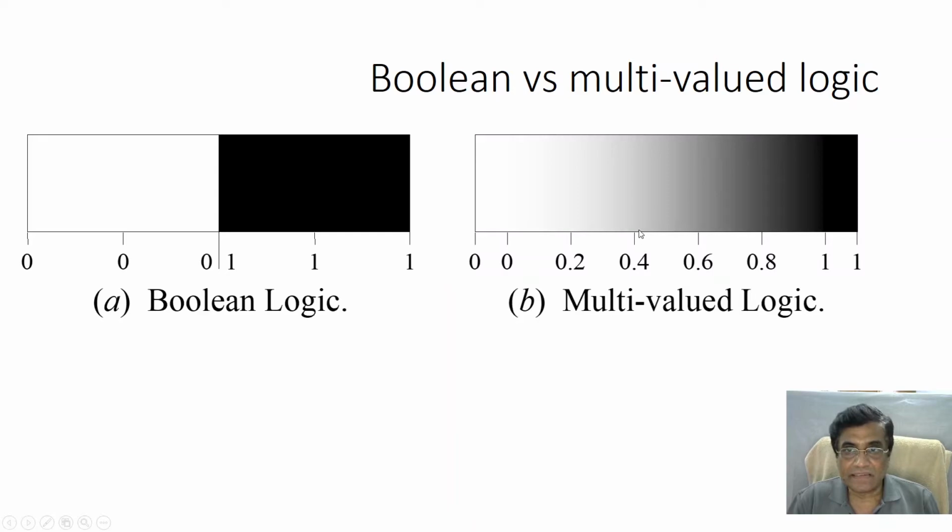But twilight will also have some value to be characterized as day. It belongs to day with some membership value; it's not day, it's twilight. So its membership value in the class of day is low, but even then it has some value, say 0.4. And in the category of darkness or night, it has some value of 0.6.